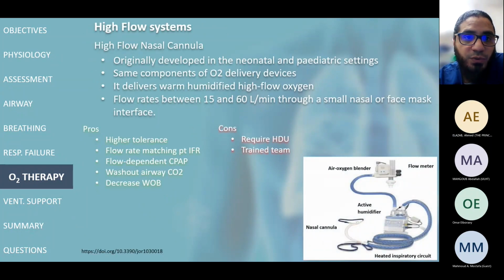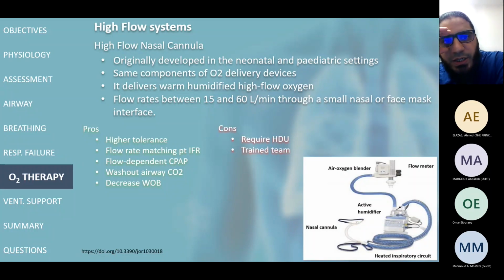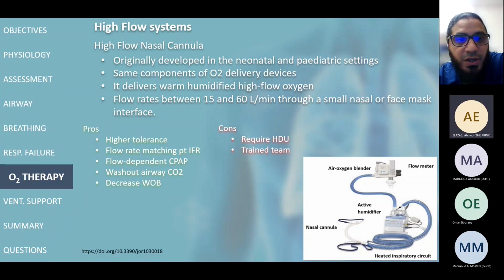Now to the high flow systems, like the high flow nasal cannula. It was originally developed for neonates and pediatrics, and then has been moved to adults, or we can say it's not recent anymore. It has the same components as the other devices: the oxygen source and the tubing, humidifier, the reservoir and the patient interface.